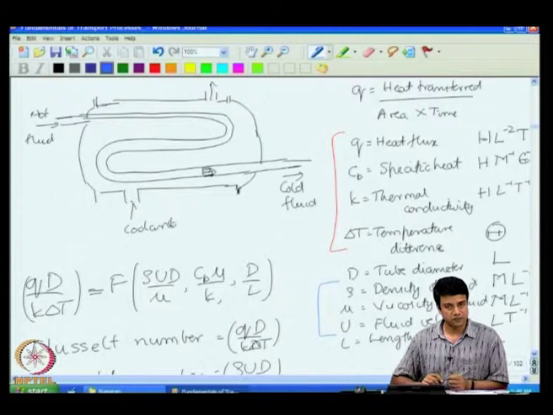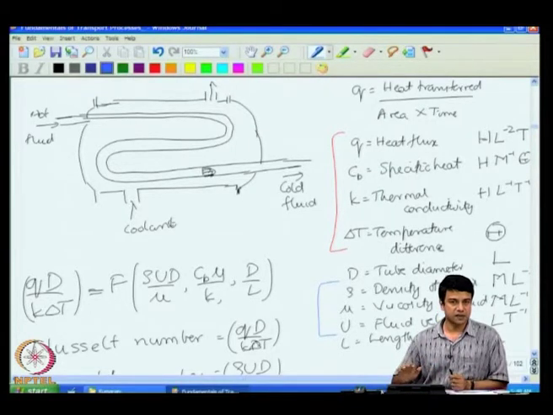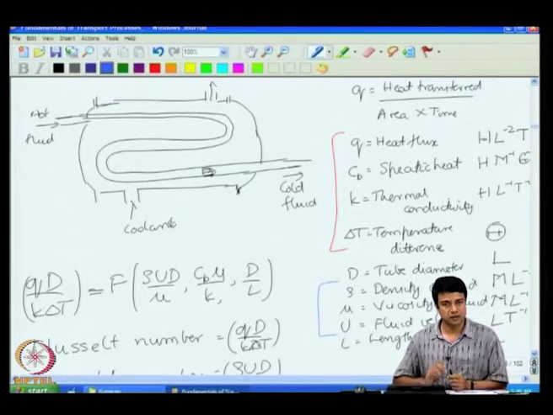That means I have only 4 dimensionless groups, which ultimately we identified as the Nusselt number, the Reynolds number, the Prandtl number, and the ratio d by L. So, the assumption here is that heat and mechanical energy are separate. There is no interconversion, and therefore I can write a balance for the heat energy alone. I do not need to consider the fact that mechanical energy can be interconverted into heat energy.